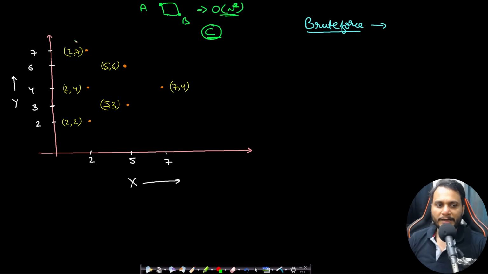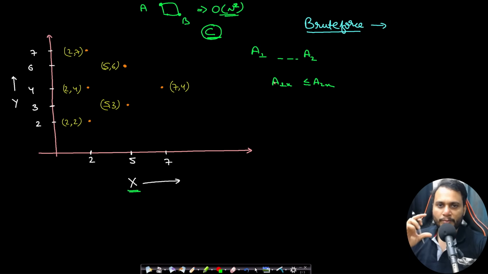We will be arranging all the points according to the x-axis, right? So we will be sorting all the points on the x-axis, so that whenever I see a point A1 and after that I see a point A2, then I'm guaranteed that A1's x coordinate is less than or equal to A2's x coordinate. Okay, so either A1's x coordinate is less than A2's x coordinate or they are the same.